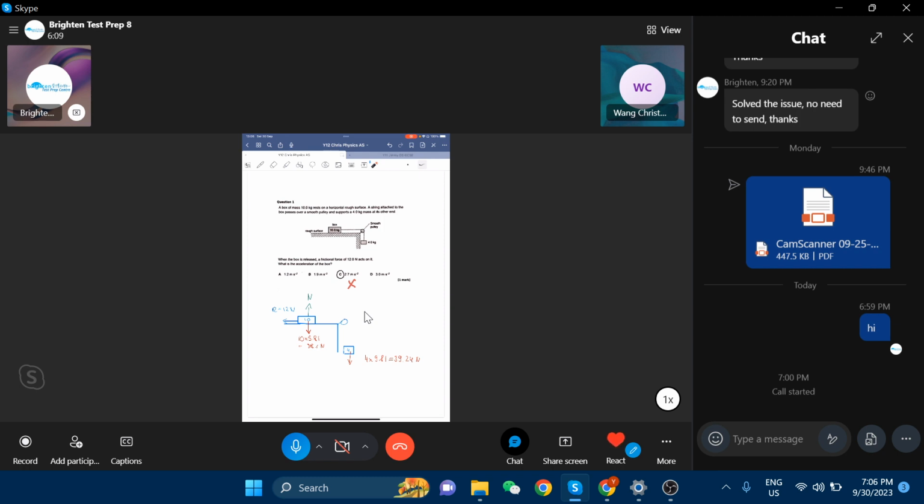So, because the statement is when the box is released, the frictional force acts on it. Strictly speaking, in any case, a frictional force is acting on that box due to the normal. But of course, the frictional force is a different one at rest compared to when it's moving.